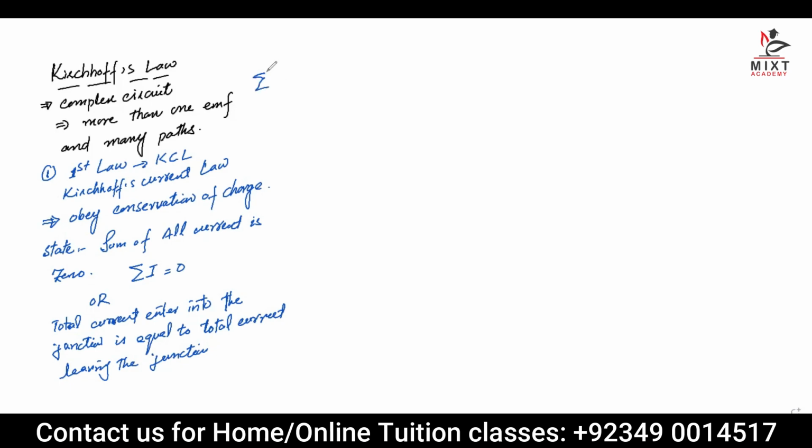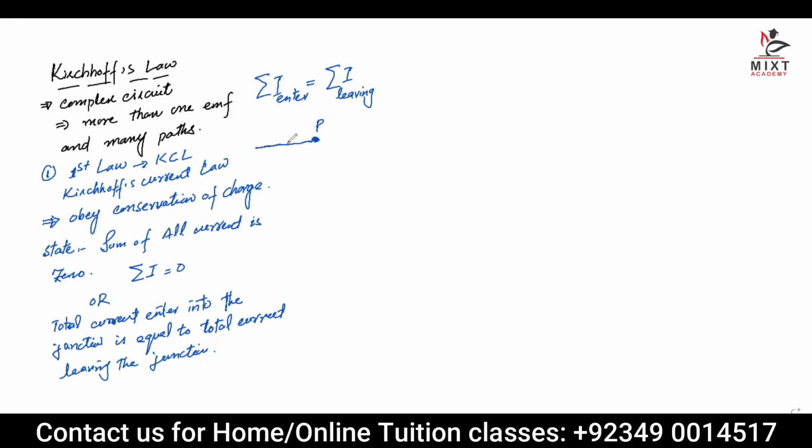Mathematically it can be written as summation of current entering is equal to summation of current leaving. Let's take an example. What is a junction? For example, this is a point.